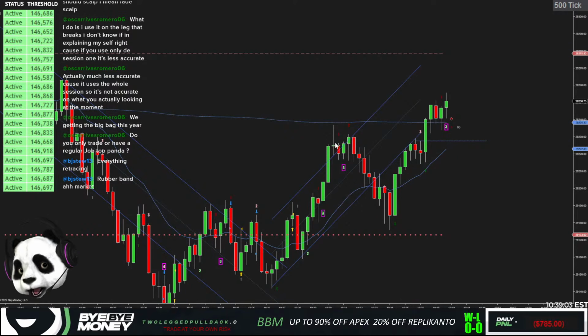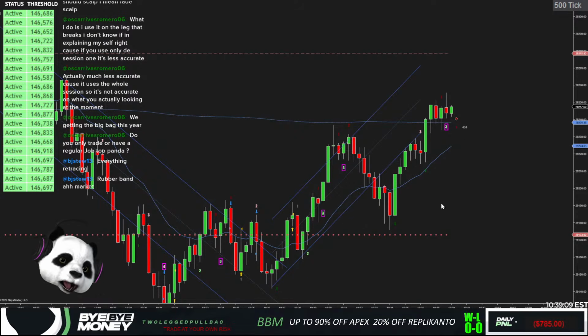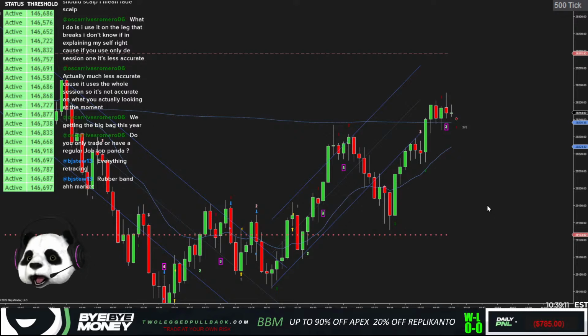Like again, this second entry long here, it's a terrible signal bar beneath the 20 MA. It blasts. Oh, it's hard to enter there. It really is. I don't know. This market's tough. No entries.